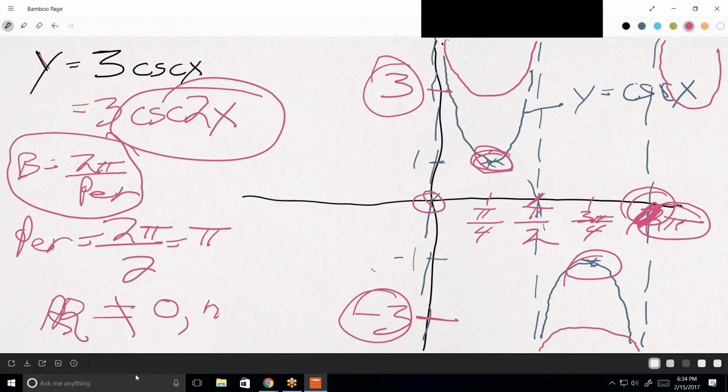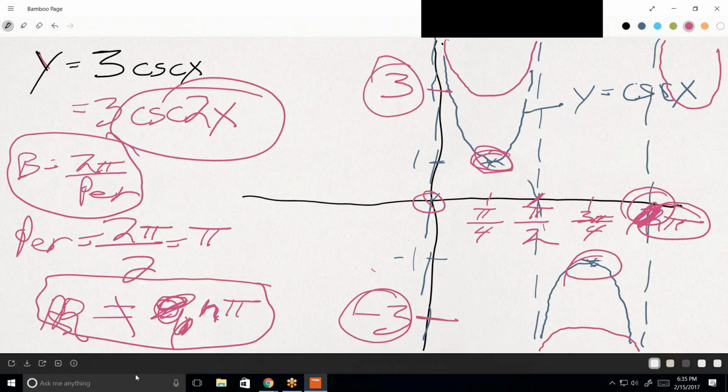And that is expressed like this, using the letter n, where n is all integers. In other words, how do I interpret that? It means x can be any number on the number line, except it can't be 0. In fact, I don't even need the 0, I just need the n pi.